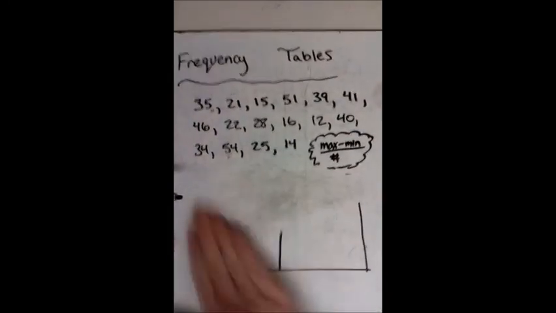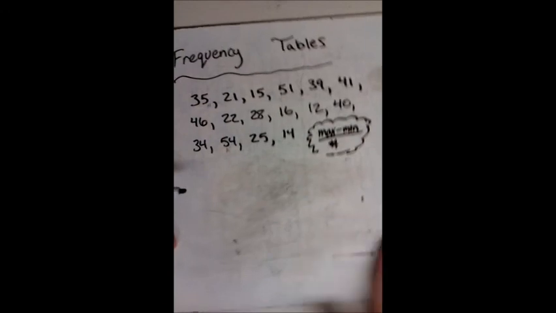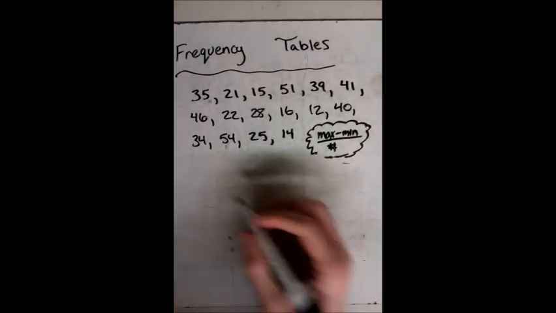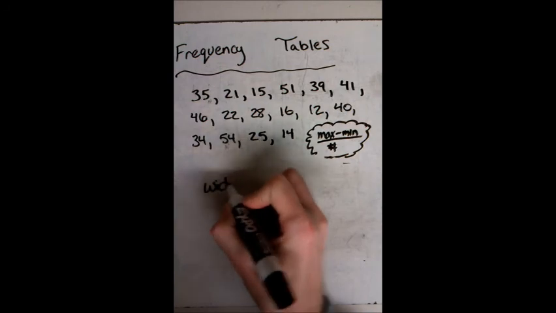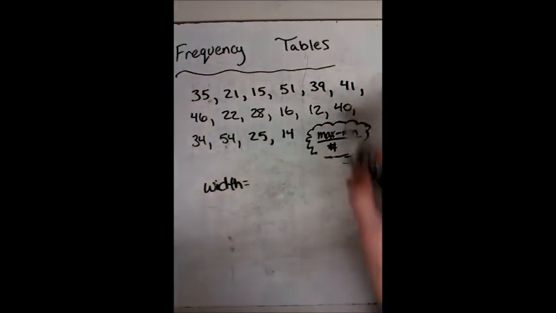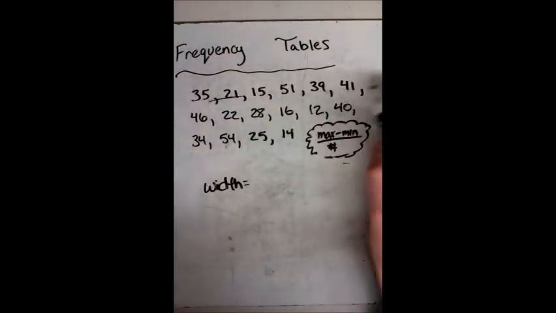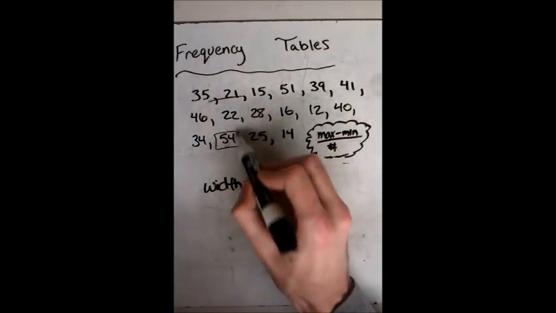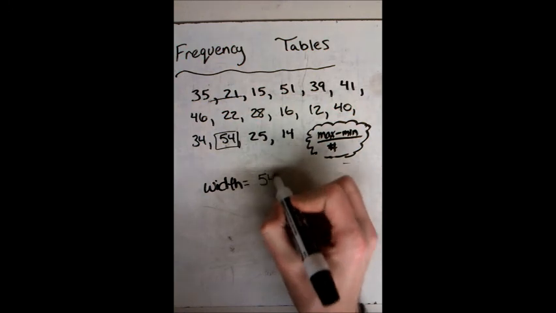The first thing I want to do here is figure out what our class width is. The width, again, is determined by taking the max, the biggest number in this data set, which looks like 54.